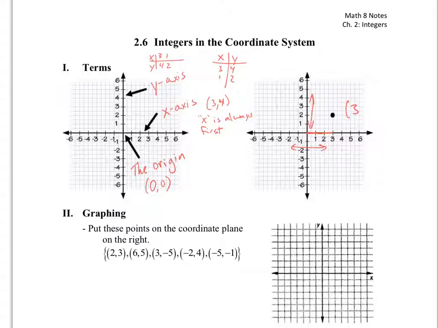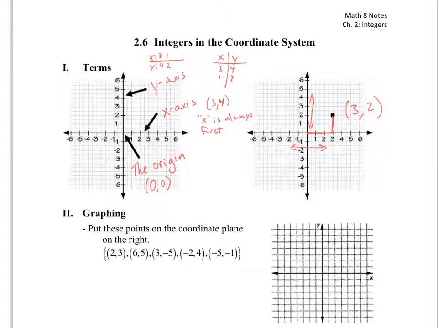It's 3 to the right. Would you agree? And then how far up did we have to go to get there? 2. And you're not going to draw these lines in on your homework, but you can kind of trace along and follow those points, and you're just going to give me the coordinates of the point. Or if I say put a point at 3, 2, you're going to do that, okay?